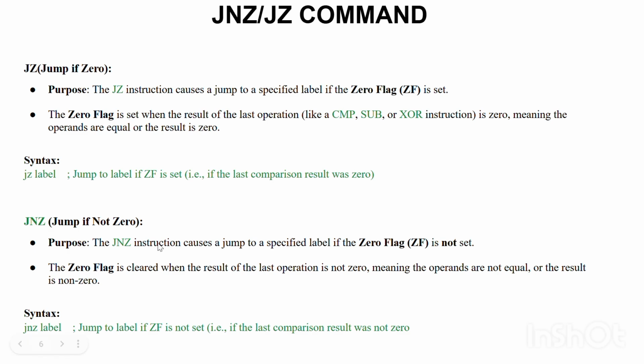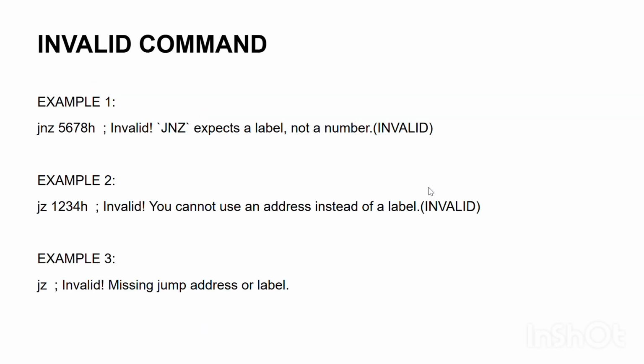The syntax is the same, JNZ followed by a label, and it can be done using DOSBox. Before that, what are the invalid commands for JZ and JNZ?